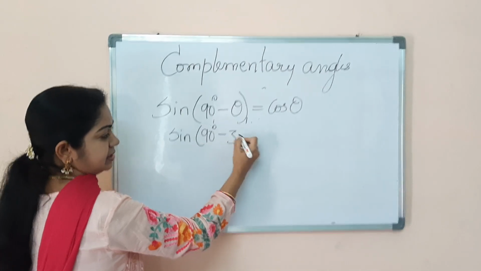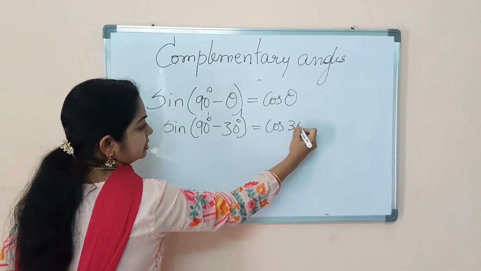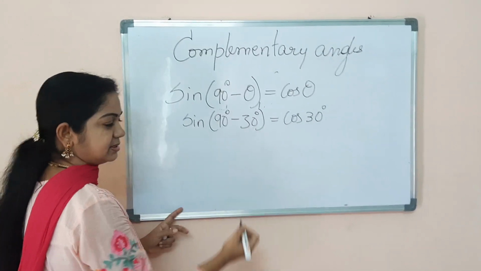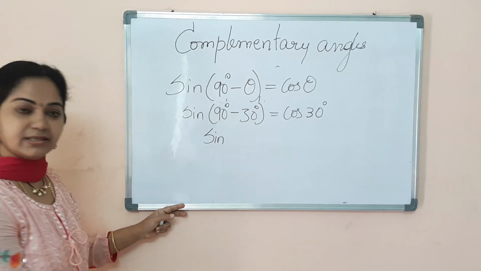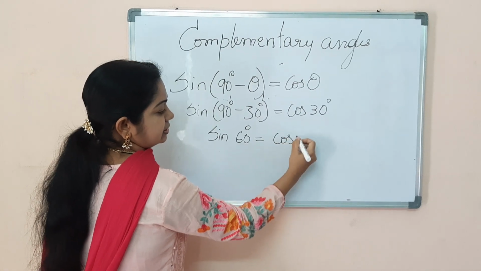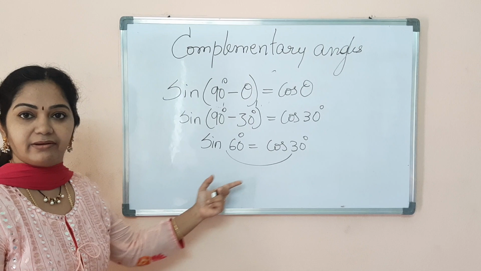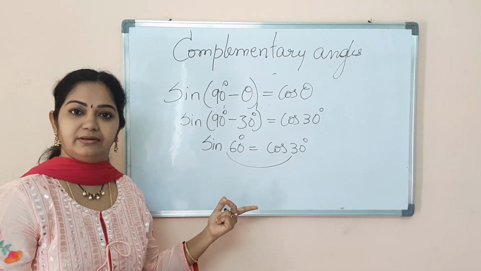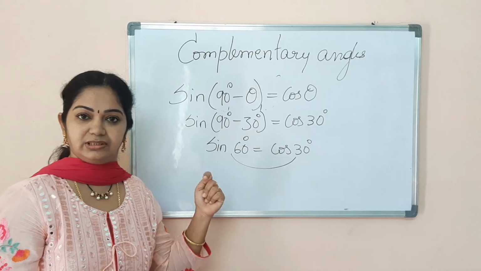Sine 90 minus theta is equal to cos 30 degrees. That means sine of 90 minus 30 degrees, which is 60 degrees, equals cos 30. So these two are a complementary pair in the trigonometric ratios. So, sine 60 is always equal to cos 30.